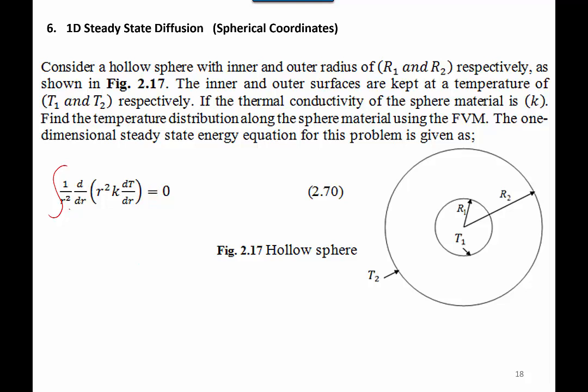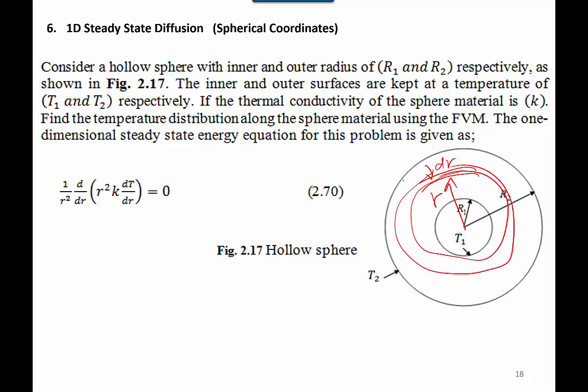elemental area will be the volume of any slice covering this sphere at a distance small r and with a thickness of dr. Therefore it will take the volume of this spherical shape cover.